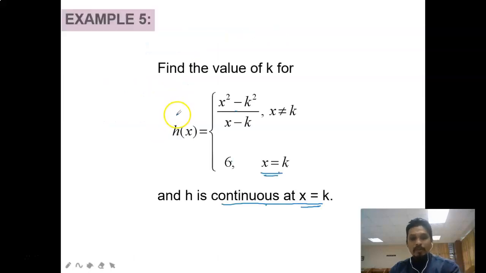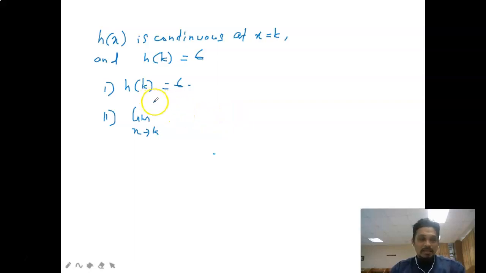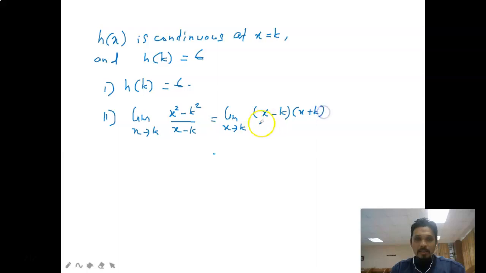Okay, so please refer to the question then: x squared minus k squared divided by x minus k. So the limit as x approaching to k of x squared minus k squared divided by x minus k comes out with (x minus k)(x plus k) divided by (x minus k).